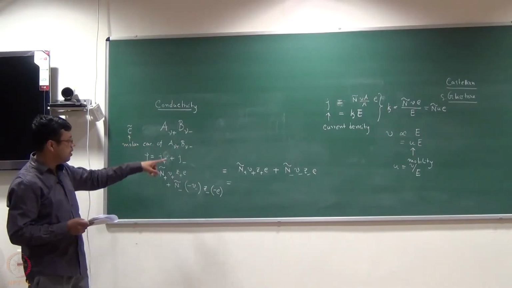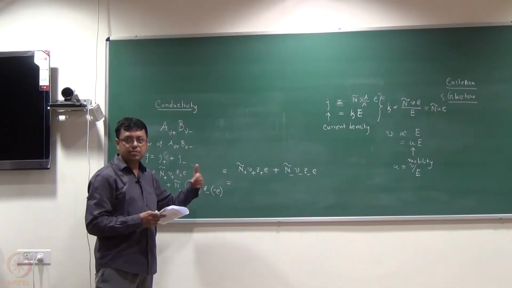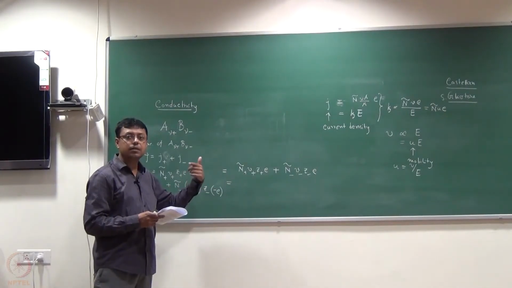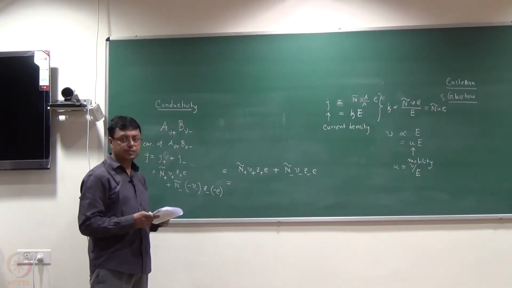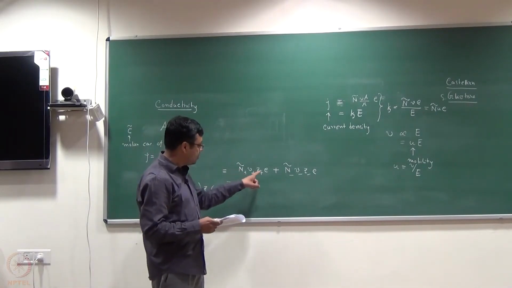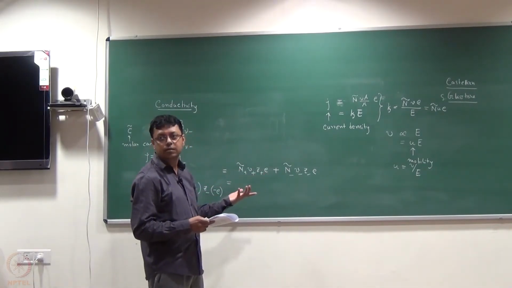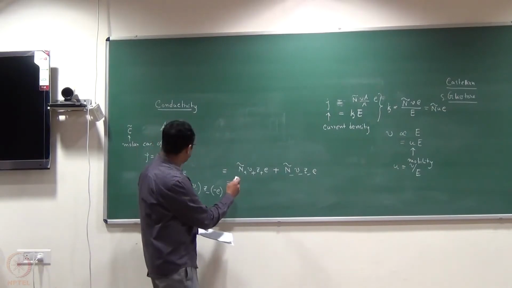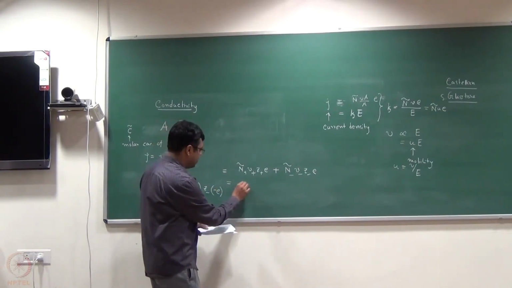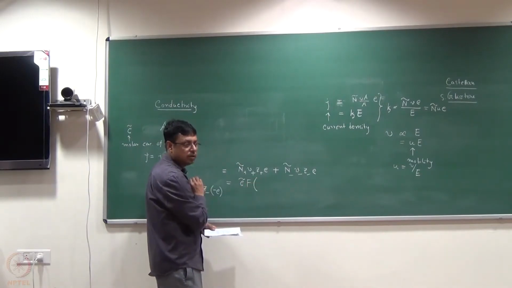Because actually I'm going to replace this N plus as C times Avogadro number times nu plus. Now I'll be left with this Avogadro number times E, that is also common. That is nothing but F. So I have C and F, those will be common. Clear?